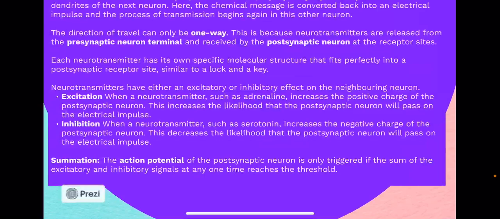So that's what excitation is. It increases the positive charge of the postsynaptic neuron. This increases the likelihood that the postsynaptic neuron will pass on the electrical impulse. So excitation is when you have more positive charge and it increases the likelihood that a message will pass on.